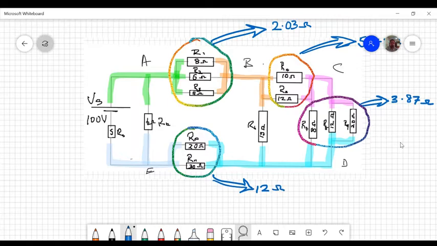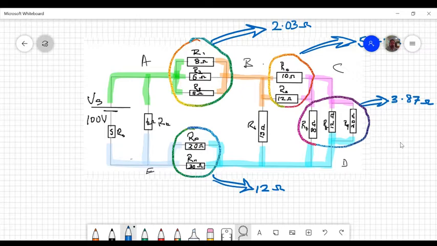So what I'm going to do now is redraw the circuit, inserting those equivalent resistances that I found in their place. So between A and B, I'm going to put 2.03 ohms. Between C and D, I'm going to put 3.87. Between B and C, I'm going to put the value I got there, 5 point something.